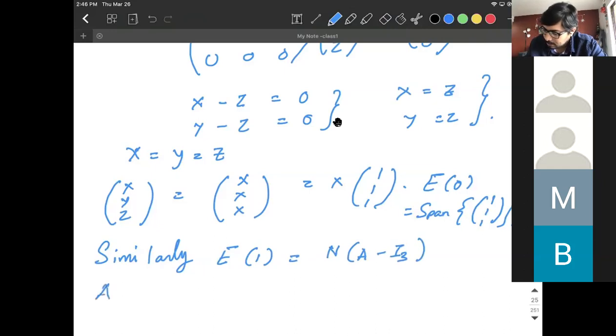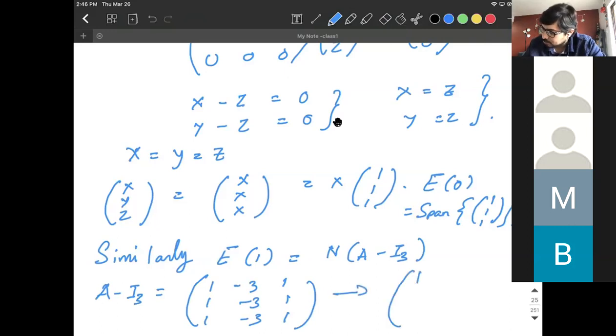Now A minus I3 is given by 1, minus 3, 1. That's pretty nice. All the rows are the same. So it's extremely easy to row reduce to just one non-zero row, with the other two rows being 0.